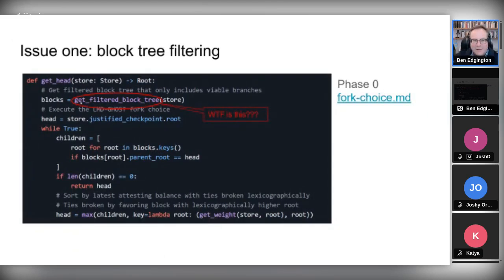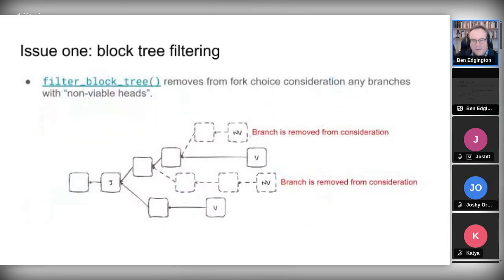Get head has this mysterious function, get filtered block tree. Where does that come from? That's not in the Gasper FFG paper anywhere. What it's doing is removing from fork choice consideration, by removing from LMD Ghost consideration, any branches that have non-viable heads. What is a non-viable head?